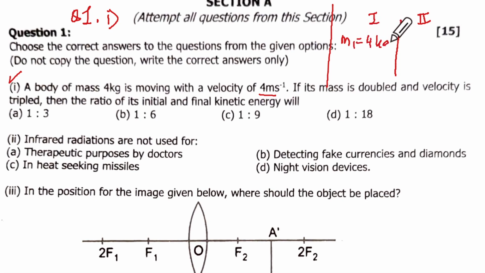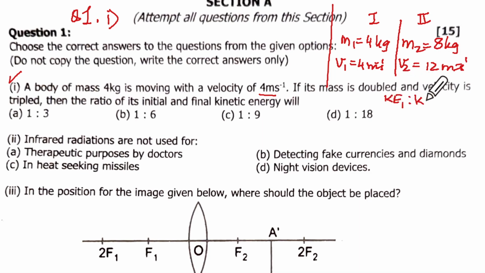M1 is 4 kg and V1 is 4 meter per second. And mass is double, so M2 has become 8 kg and velocity is tripled, so V2 is equal to 12 meter per second. And then you will have KE1 is to KE2 will be equal to half. Now I'm not writing M1 V1 square, I'll just write here 4 into 4 square is to half into 8 into 12 square.